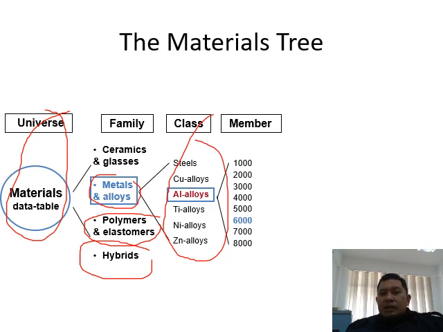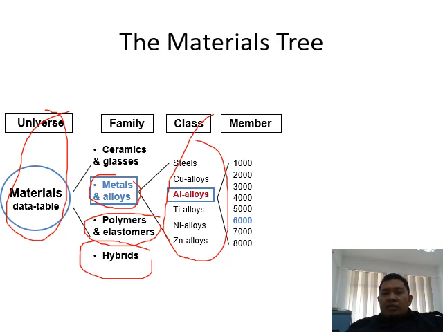And then you have members. For example, aluminum alloys, you have 1000 series, 2000 series, until 8000 series, depending on the application. The most common one is the 1000 series because it's more than 90% aluminum. If you increase the series number, you have the 2000 series, where you can add zinc into the aluminum alloy, and so on.